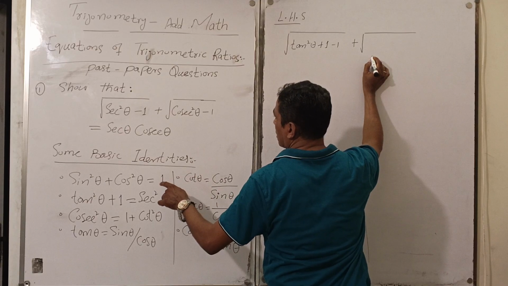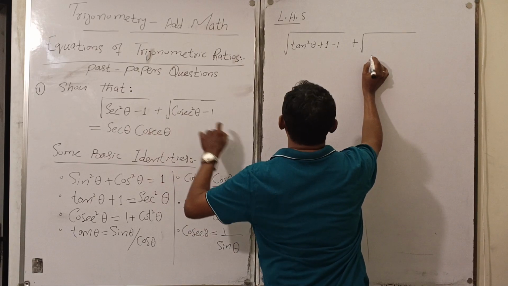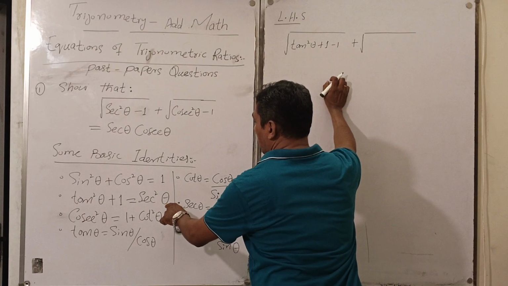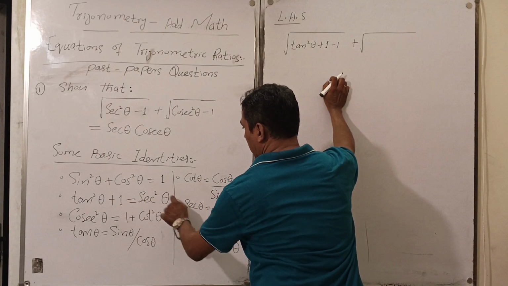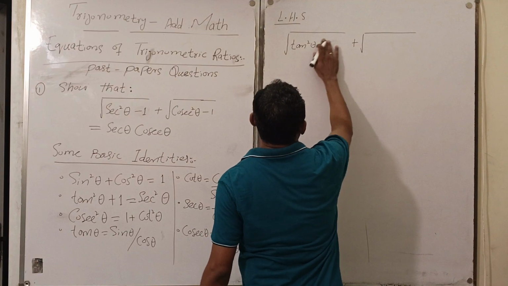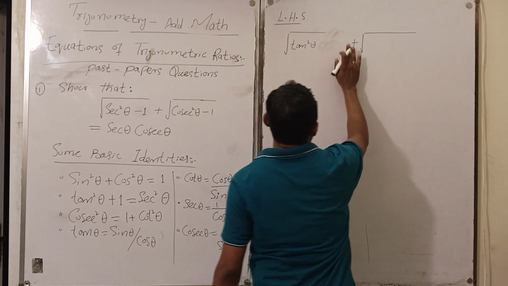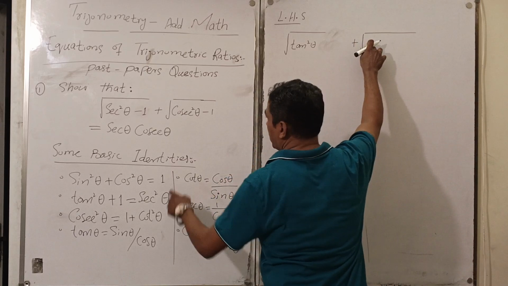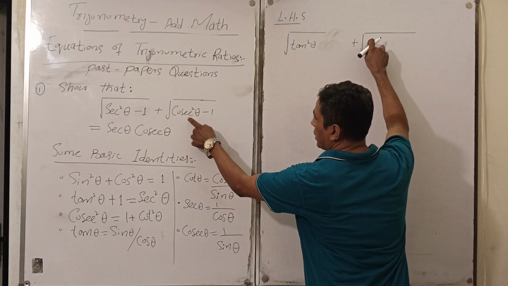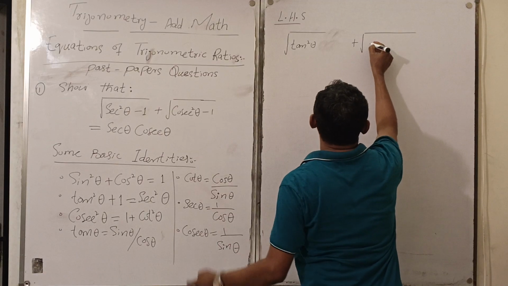Keep it here, minus 1, so it is tan square theta. And this one is cot square theta. This one is clear.